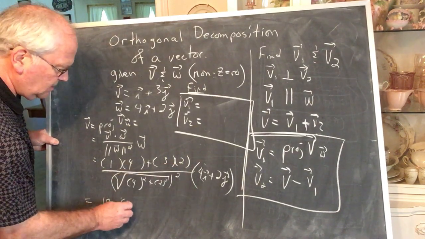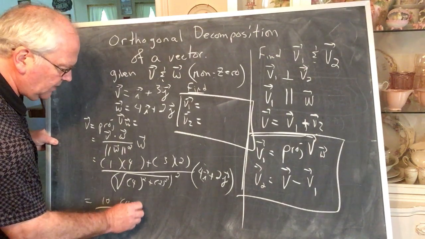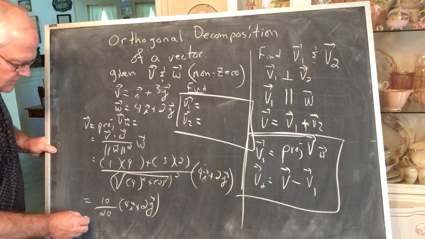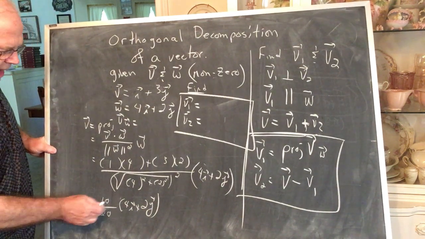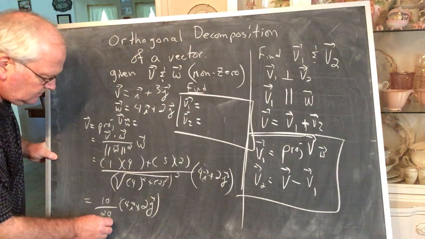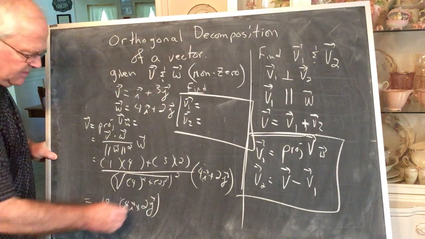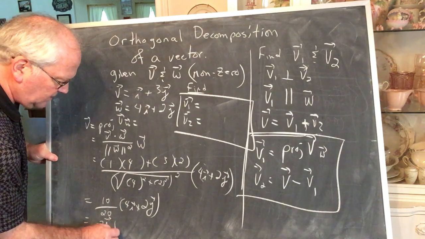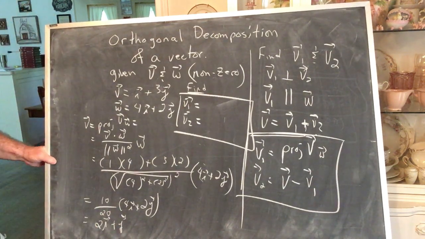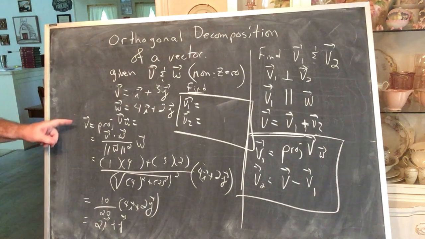And this is 4i plus 2j. So that's 1/2 times 4, which is 2i, and 1/2 times 2 is 1j. So we have 2i plus j for vector v1.